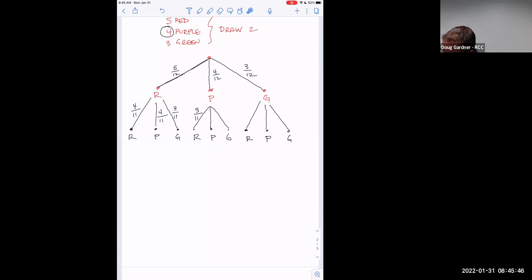And I only had 4 purple marbles total. So since I already drew one of them, does it make sense I only have 3 of them left? But I've never chosen a green yet, so I still have all 3 of my greens. Notice still 5 out of 11 plus 3 out of 11 plus 3 out of 11 is still 11 out of 11.